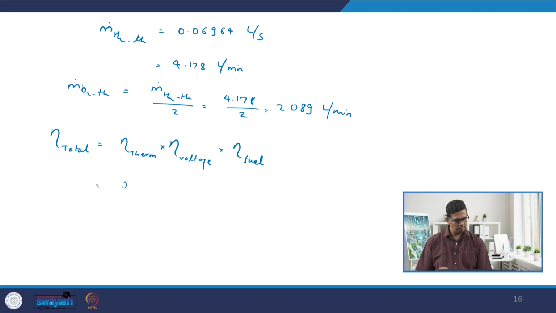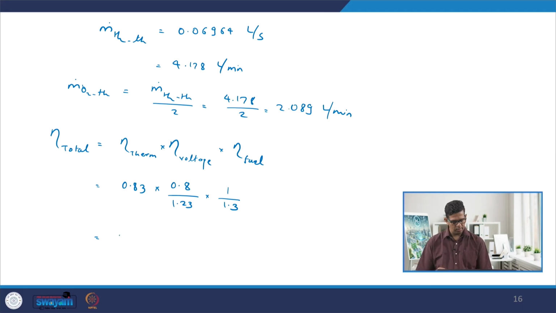So, this is 0.83 times voltage efficiency. For the first point, it is 0.8, your operating potential, divided by 1.23, and fuel efficiency, as we know, for the hydrogen, the fuel utilization factor is around 1.3. So, this is given. So, let us go ahead and find out for the first case.